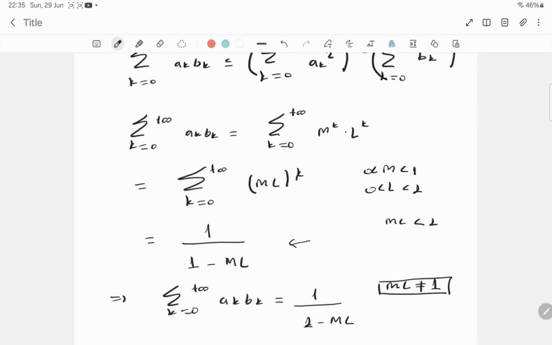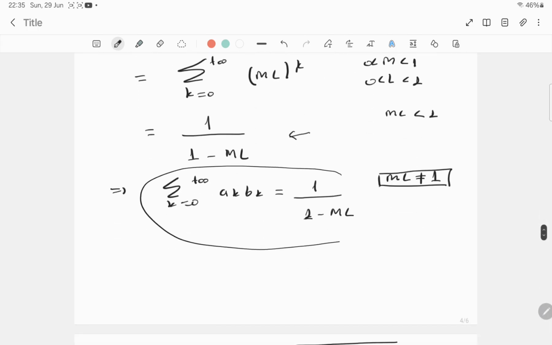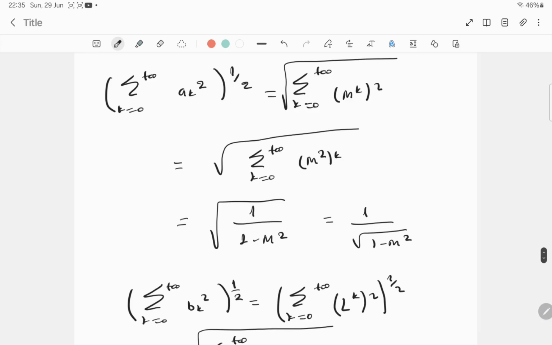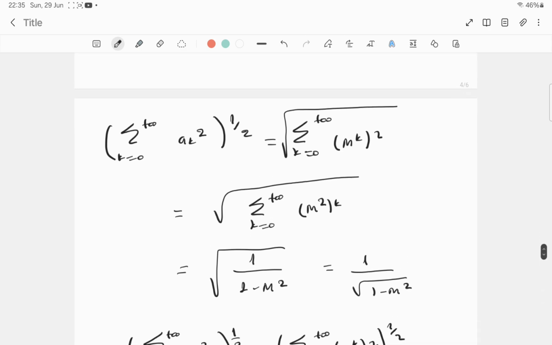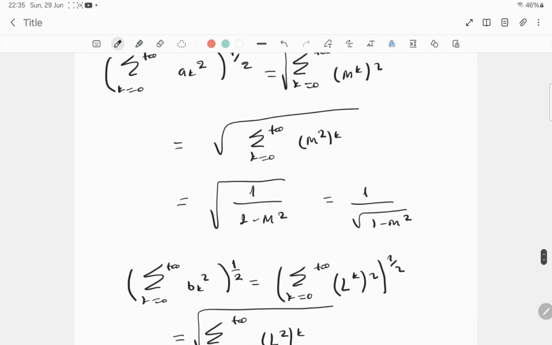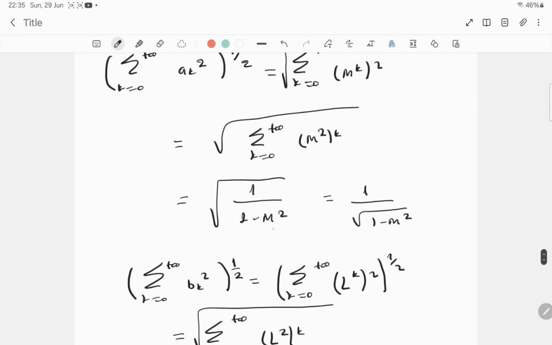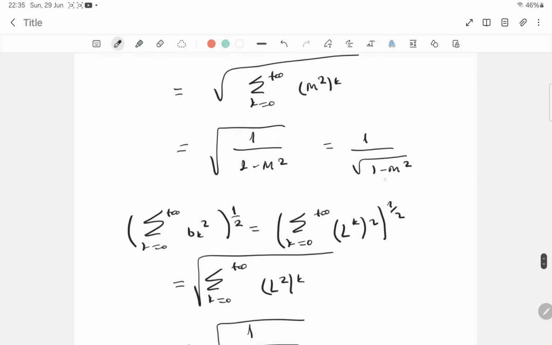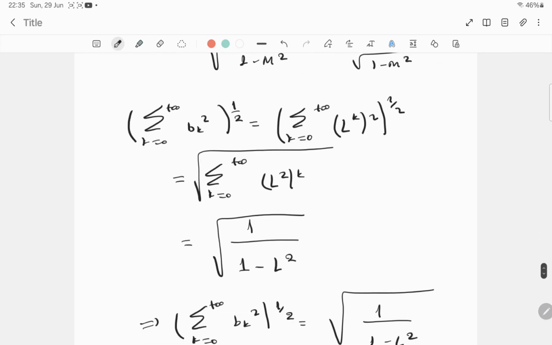We have computed it explicitly here. Then we can compute the quantities that are located in the right hand side of the inequality. So here again we obtain an infinite geometric series. We compute it explicitly. That is given here at this point.